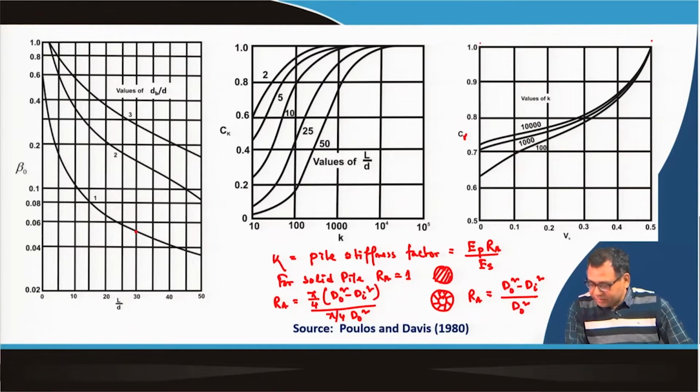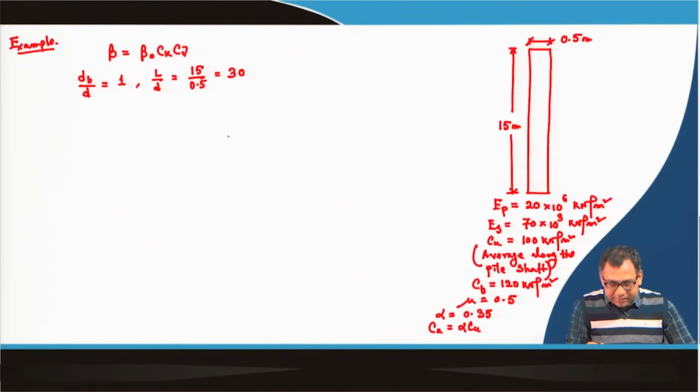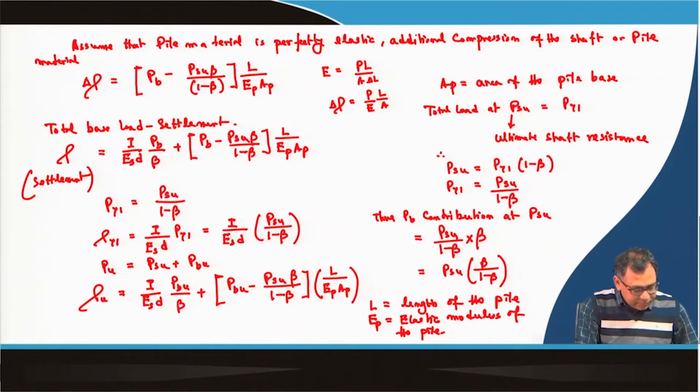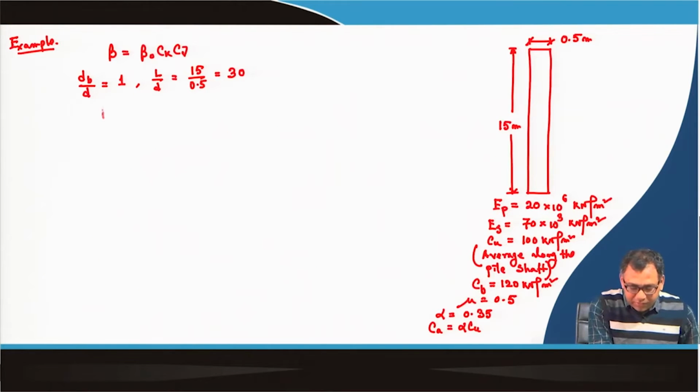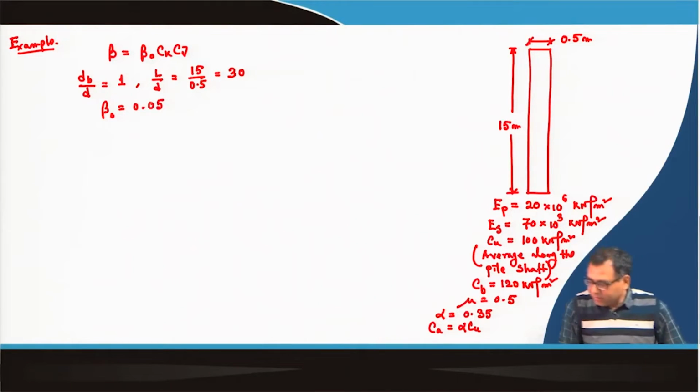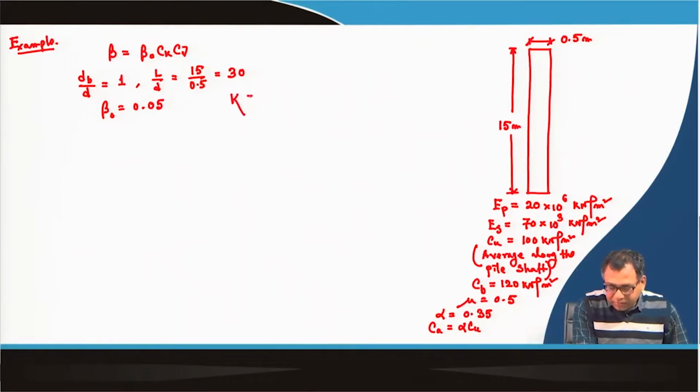Now, we have to take the value of C k. So, now we can write that here corresponding to this value we have taken beta 0 equal to 0.05. Okay. Now, we know that our k value is E p R a by E s.